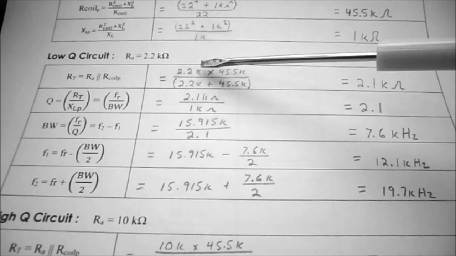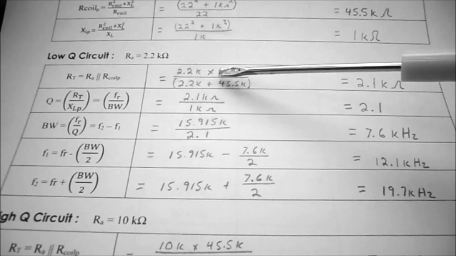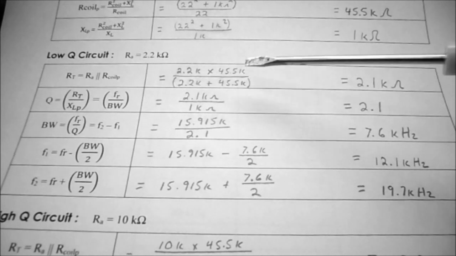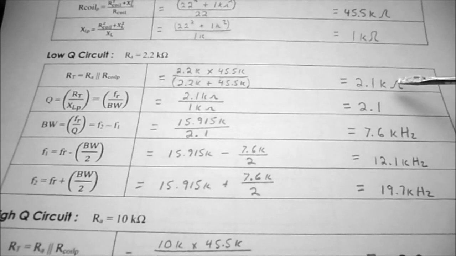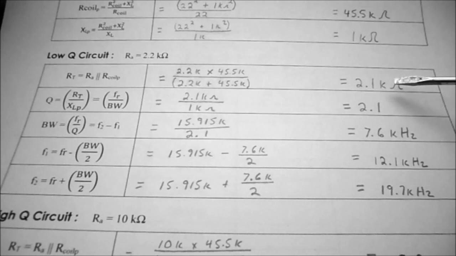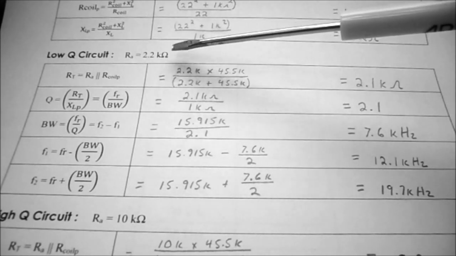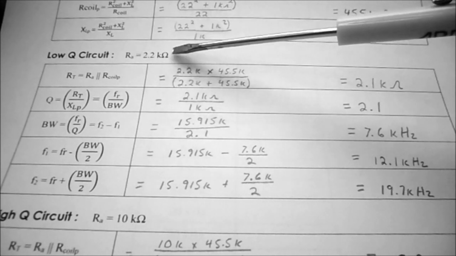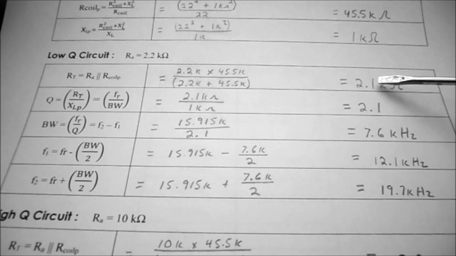So that becomes 2.2K times 45.5K divided by the 2.2K plus the 45.5K, which works out to 2.1K ohms. So you can see RT has gone from being the 2.2K ohm resistor to 2.1K ohm resistor due to the internal resistance of the inductor, R coil.